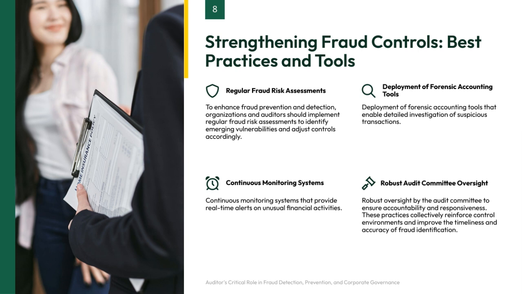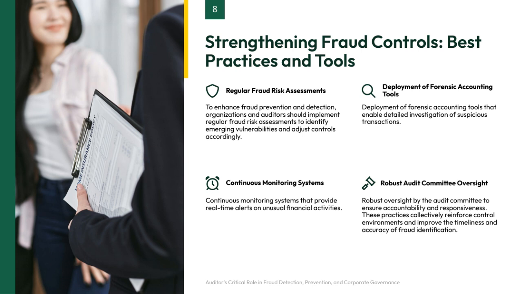Additionally, implementing continuous monitoring systems is crucial. These systems offer real-time alerts when unusual financial activities occur, allowing for immediate response. Finally, strong oversight from the audit committee plays a vital role in maintaining accountability and ensuring that any fraud concerns are addressed promptly.